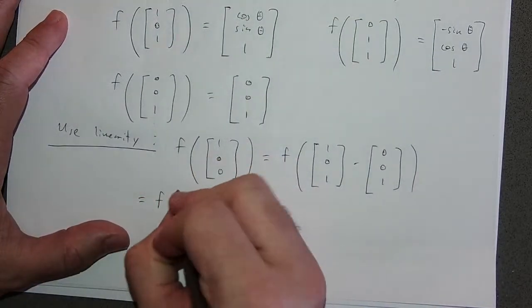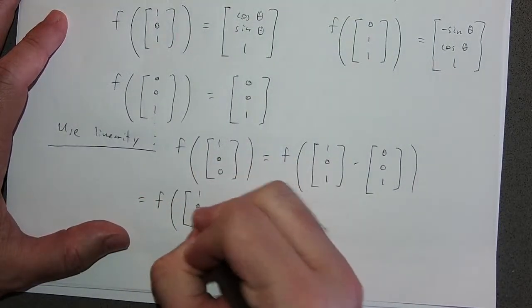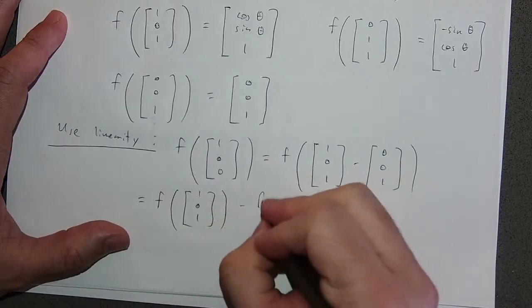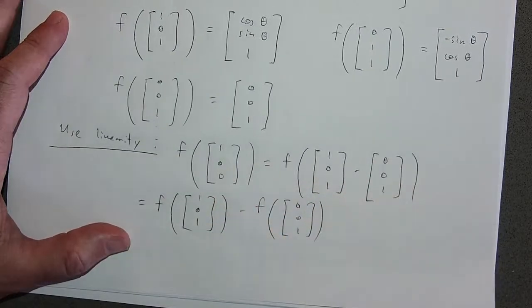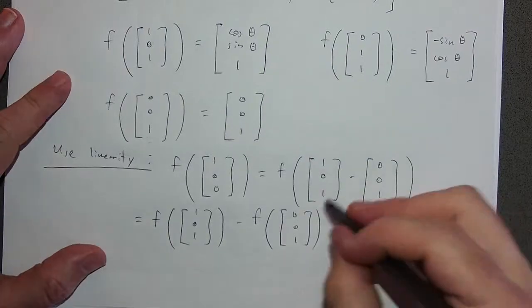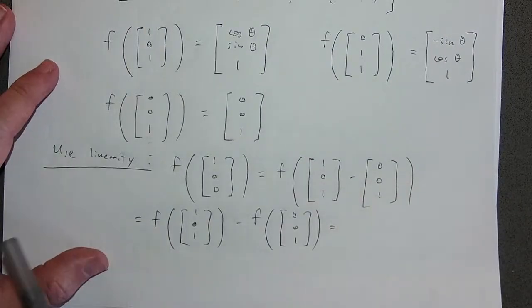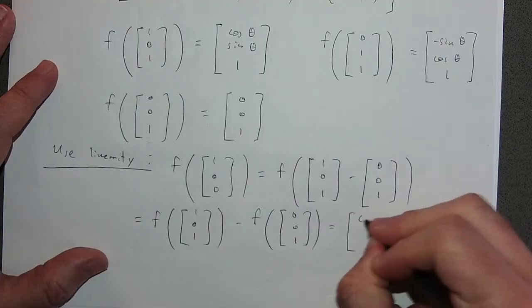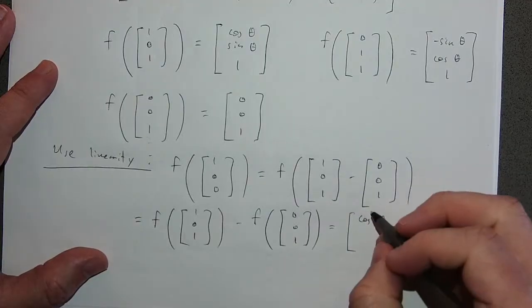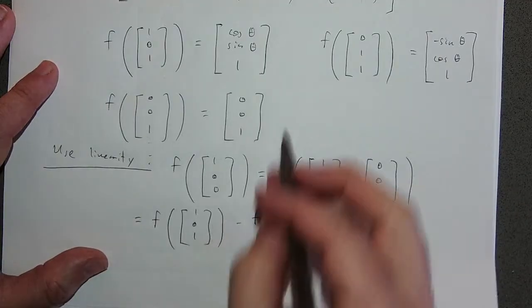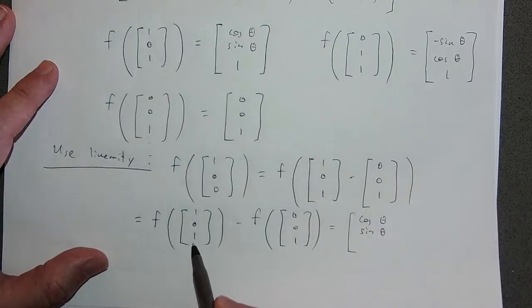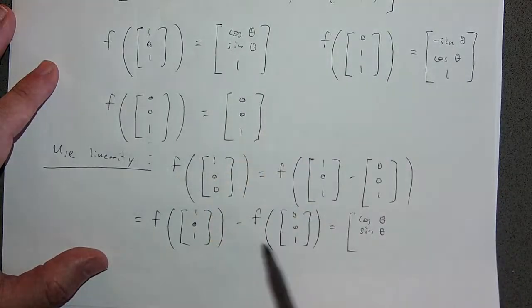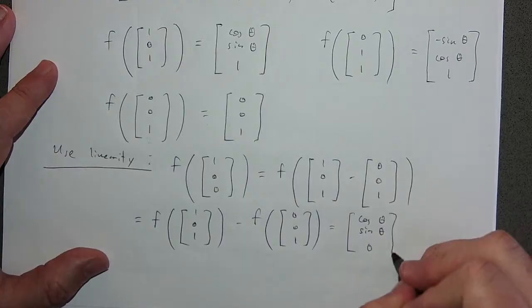By linearity, this is f of 1, 0, 1, which we know what it is, minus f of 0, 0, 1, which we also know what it is. f of 1, 0, 1 is cosine theta, sine theta, and this last entry, 1 minus 1, is 0.